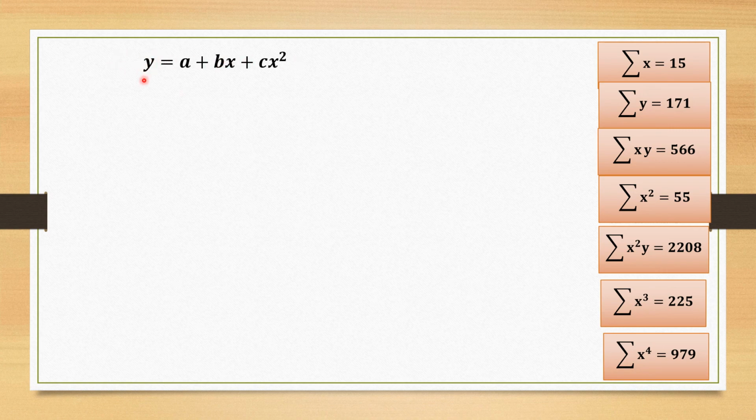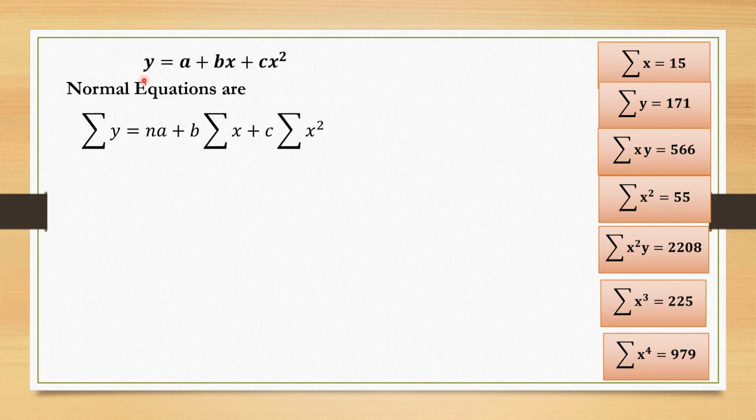So summation y is equal to n into a, b into summation x, c into summation x square. Substituting the values of summation x, summation y and summation x square. Summation y is 171, n is equal to 5, summation x is 15 and summation x square is 55. So we have 171 is equal to 5a plus 15b plus 55c. Name it as equation 1.